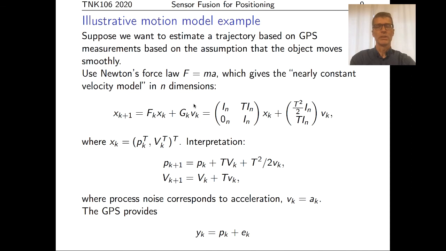But what happens if the victim is moving around? Then we need a motion model for modeling how the victim moves. The simplest and most typical motion model in Kalman filter literature is to use Newton's force law, F equals m times acceleration, which corresponds to what is called the nearly constant velocity model.